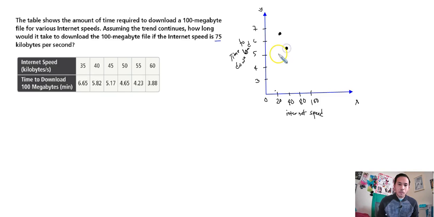And then we have 45, 5.17, and 45, which is also here. Maybe let's just estimate that. And then 4.65 and 50, which is somewhere here. Maybe a little bit close here with 50. And then we have 4.23, and that's 55.